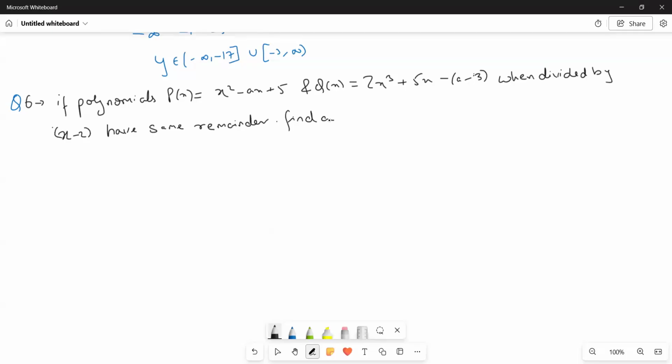If the polynomials when divided by x minus 2 have the same remainder, find a.